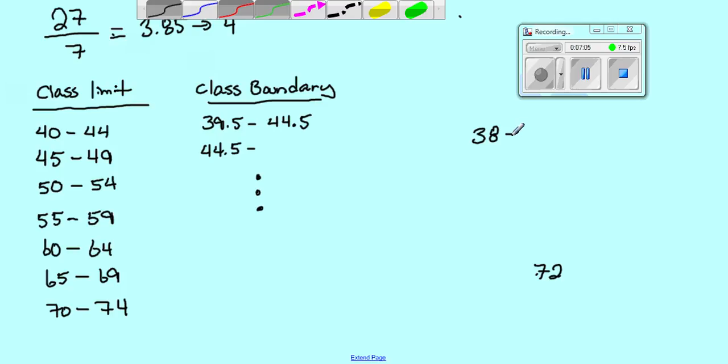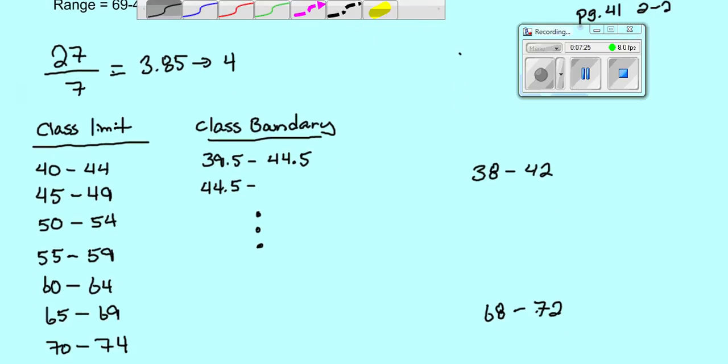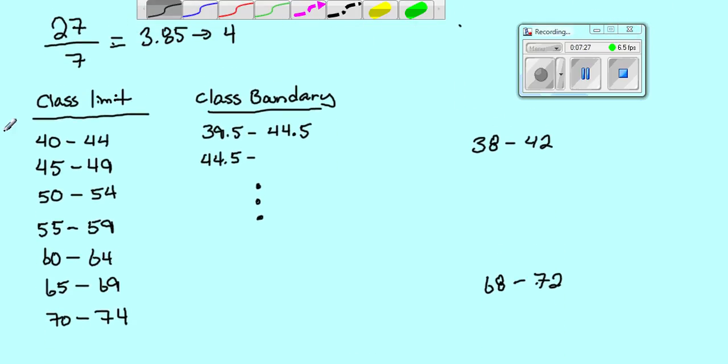So it'd be 38 to 42, and it would keep on going until I got down to, what would that be, 68 to 72. So then each one of my classes that were drawn would have data in them. It's a tricky thing, it is kind of confusing as to how you set it up, how you design it.